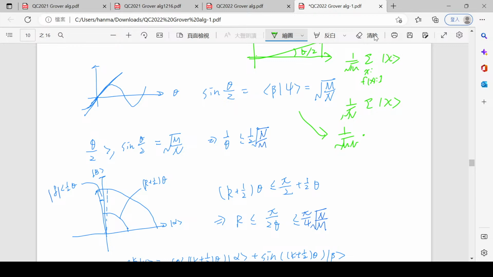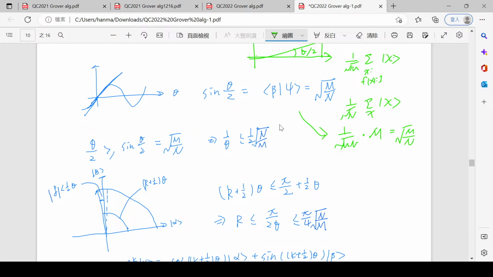It's the sum over x such that f of x equals 1. So the inner product here actually only m of them will have overlap, because only m of the x are marked. So times m here, so that's square root of m over n.